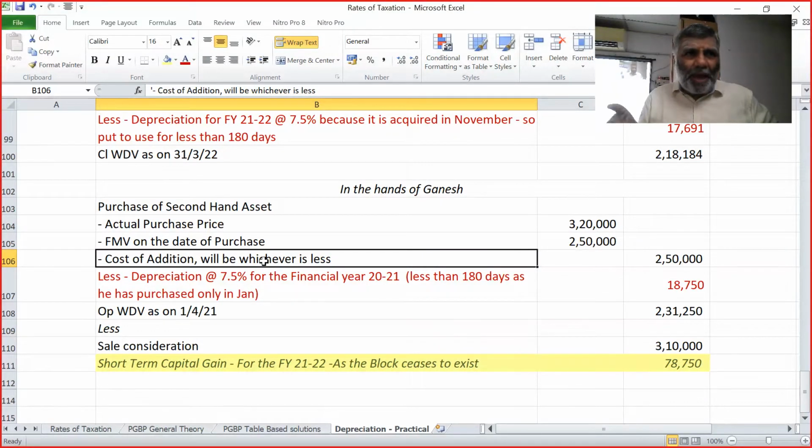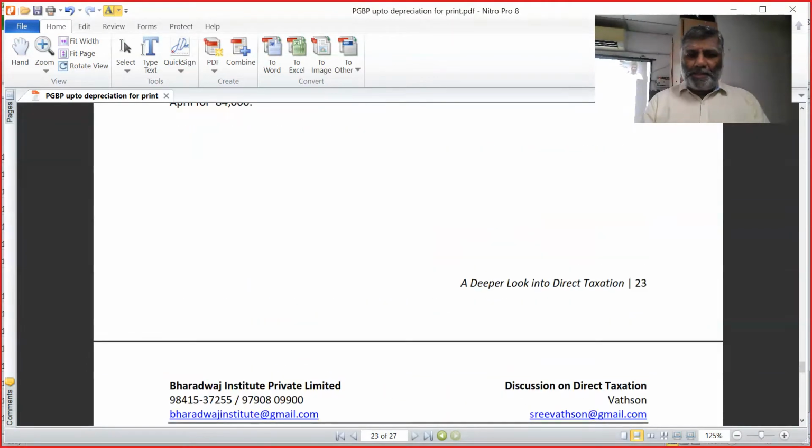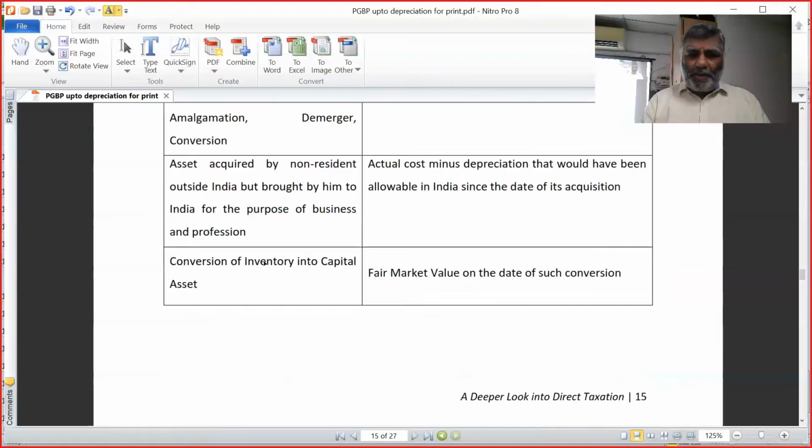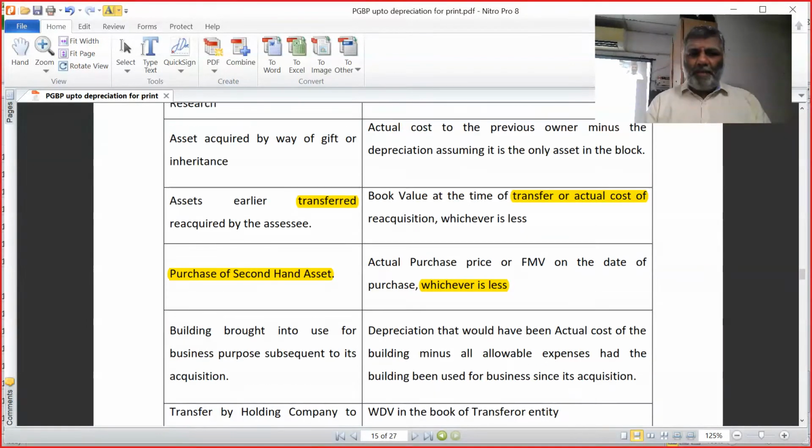But the value I can get only as on 1/4/21. Next time the value changes only on 31/3/22. So what would have been the book value had the asset been originally purchased for business purposes? That and the subsequent aspects also will have the same thing.